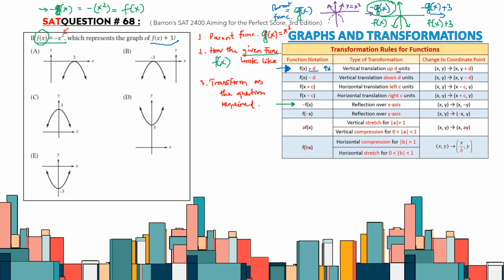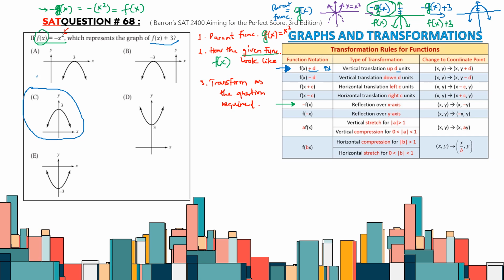We add 3, we go up 3 units. So from here, 1, 2, 3, we go up 1, 2, 3, we're moving up. So C is the right answer.